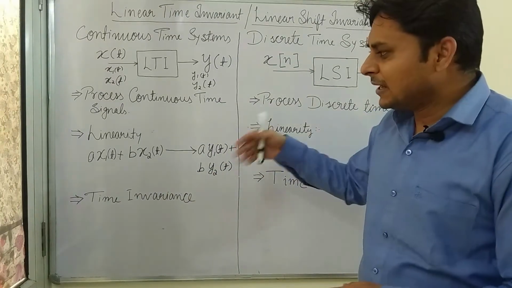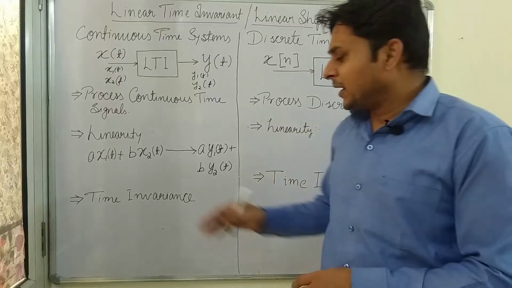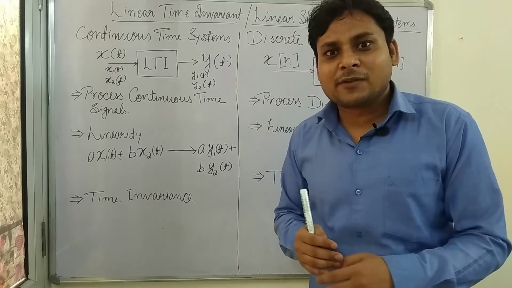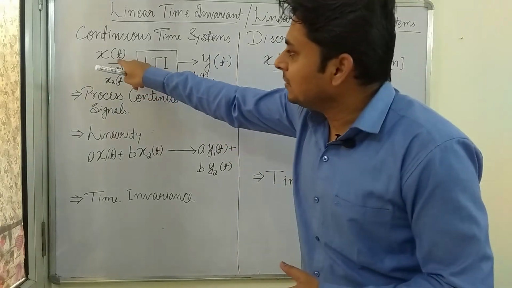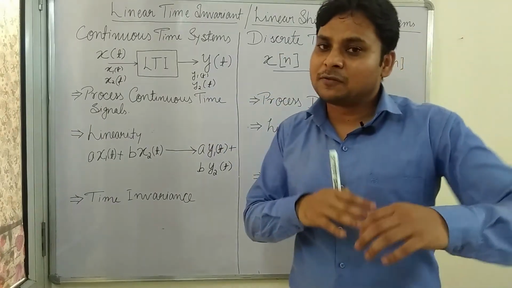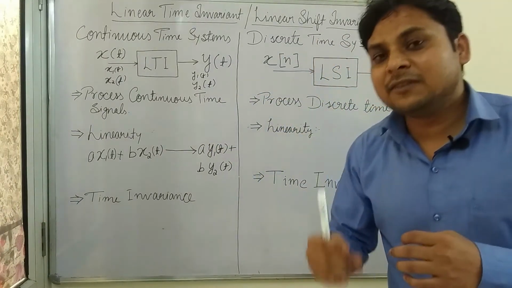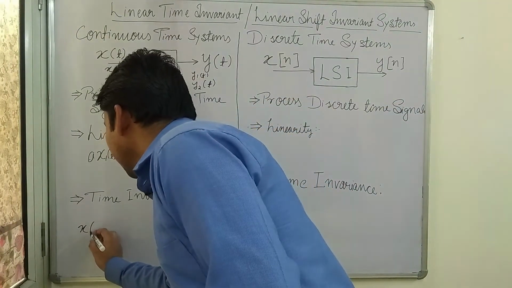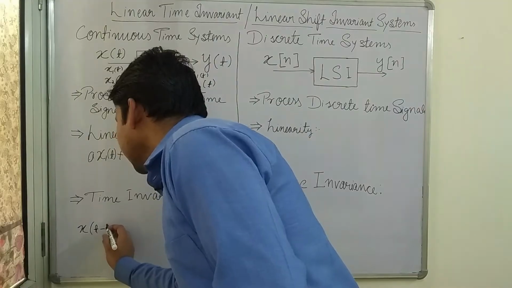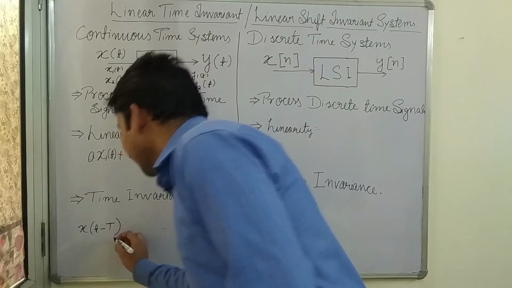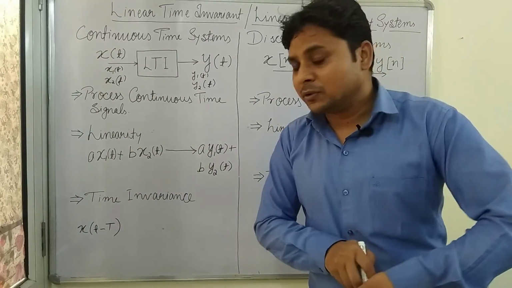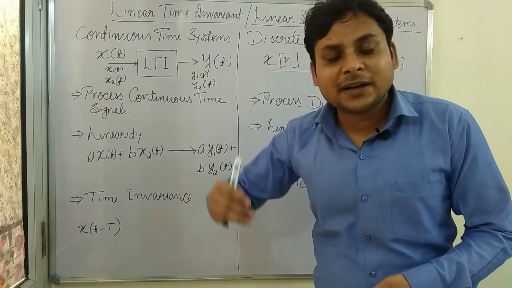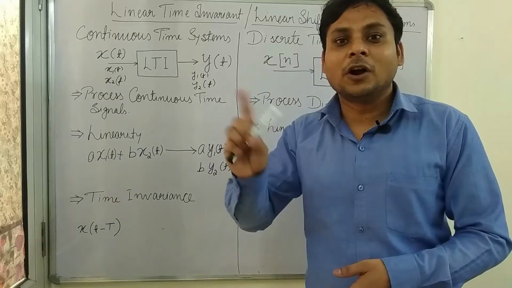Now we will understand the property of time invariance. If I delay this input, suppose in place of x(t) I give a signal like x(t minus T), then the characteristics of the system will not change.